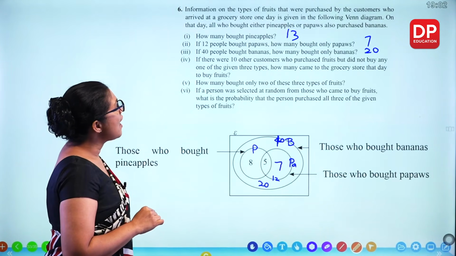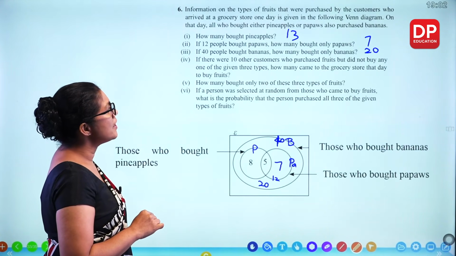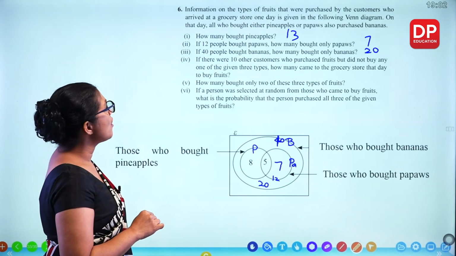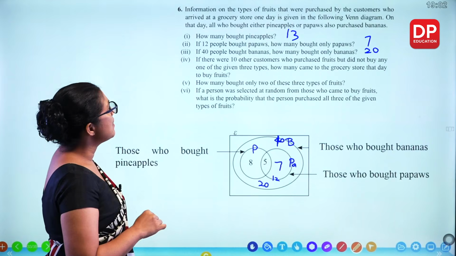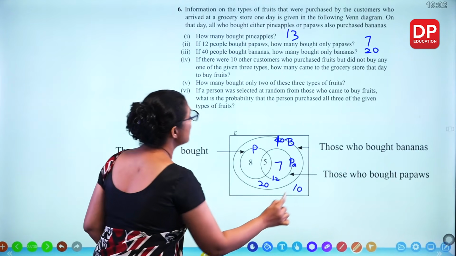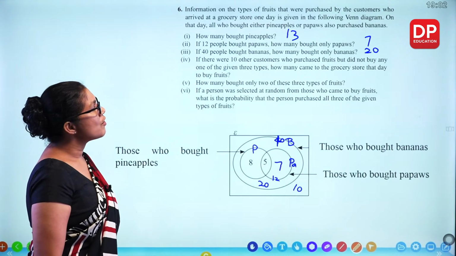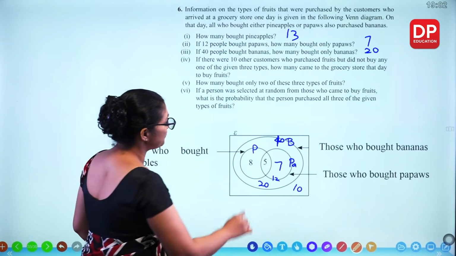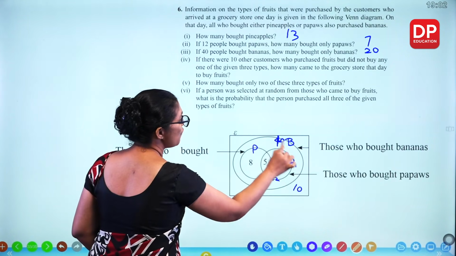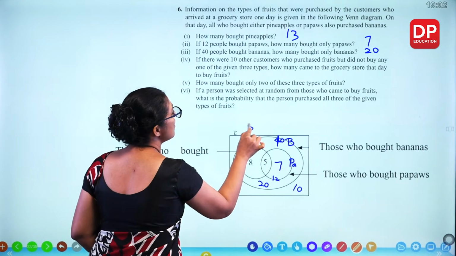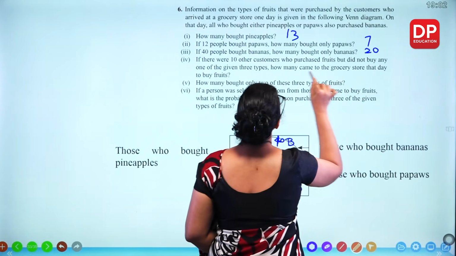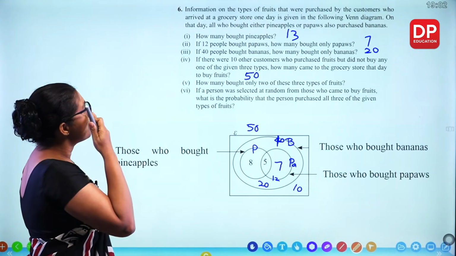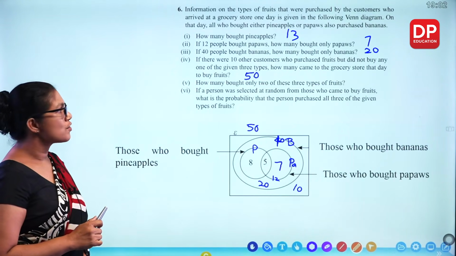Fourth one, if there were 10 other customers who purchased fruits but did not buy any one of the given 3 types, that means outside 10. How many came to the grocery store that day to buy fruits? See, this whole circle is 40 and this is 10. Altogether 50 people came to that grocery to buy fruits.